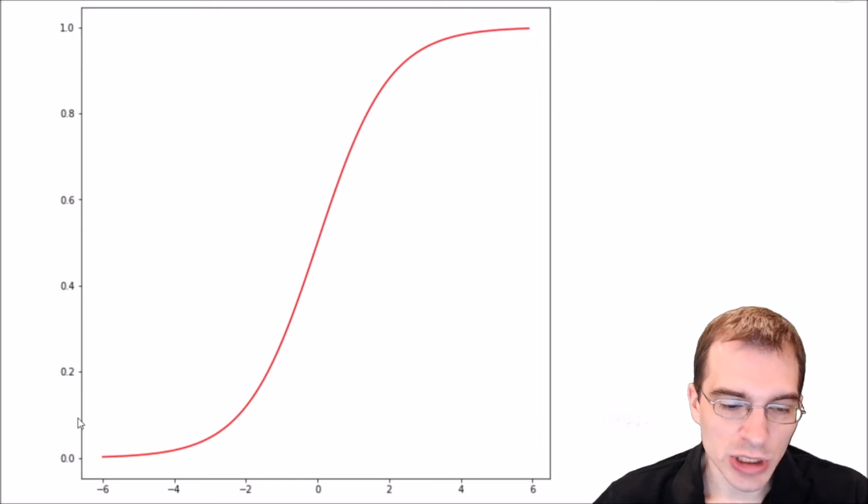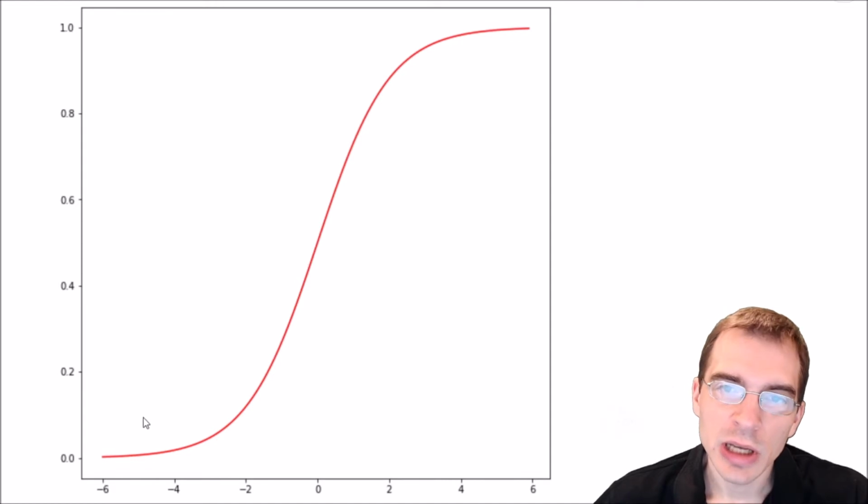Now, since we're using this sigmoid function to do binary classification, so basically deciding whether something is true or false, when we get a result that's very close to 0, that's telling us that the probability that there's a positive case or a true case is very close to 0.